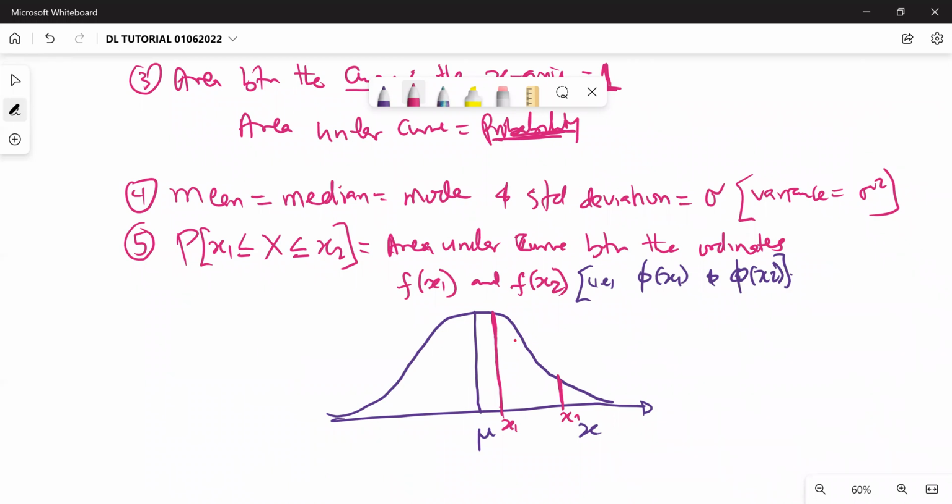So the probability that the value of x lies between x1 and x2 is this area here. That is the area I'm talking about. Sometimes it doesn't matter whether you say less or equal or strictly less. It doesn't matter whether you put this equal sign here when we're dealing with a continuous distribution.